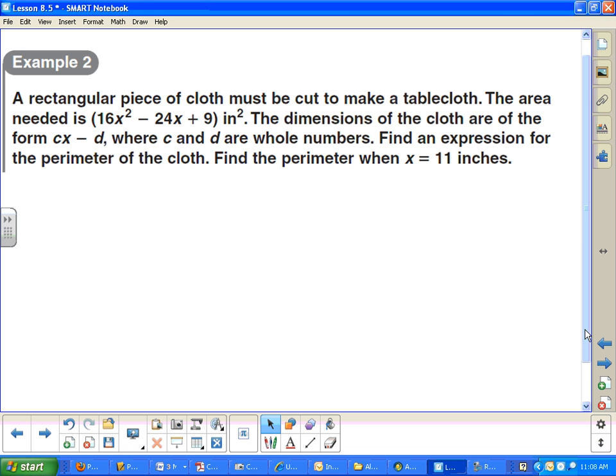Find an expression for the perimeter of the cloth. Find the perimeter when x equals 11 inches. Okay? So it says a rectangular piece of cloth must be cut to make a tablecloth. So we want to be able to factor this then, to see if we can find the dimensions of this tablecloth.